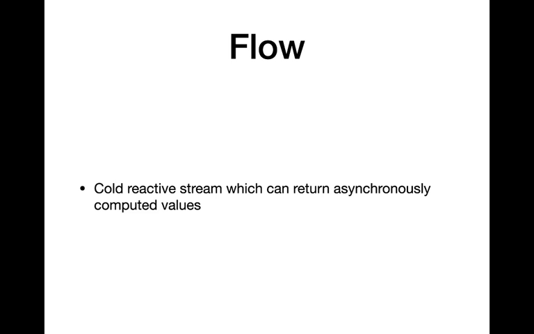Flow is a so-called cold stream which can return asynchronously computed values. So what does cold stream mean? It means that when you have some code inside the flow, whenever the flow collection starts, the code inside the flow is going to be executed.